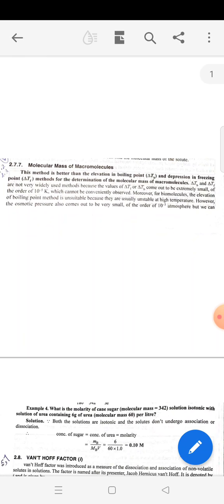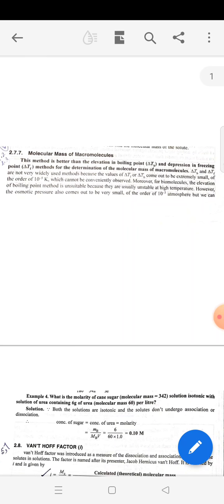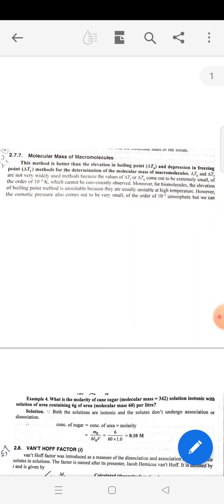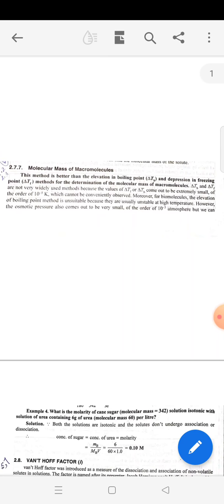Delta Tb and delta Tf are not very widely used methods because the values of delta Tf and delta Tb come out to be extremely small. If you check out the numericals which we have done, you will find that the difference in boiling point of the solution and the solvent, and that of freezing point also, comes out to be very small, say around 0.002, sometimes in the order of 10 to the power minus 5 also.